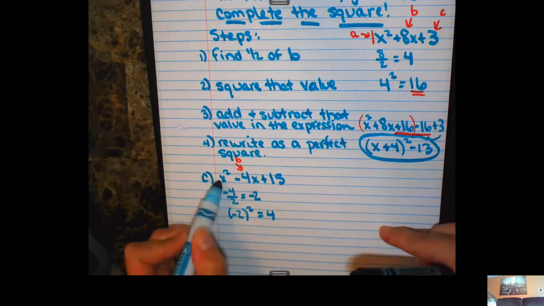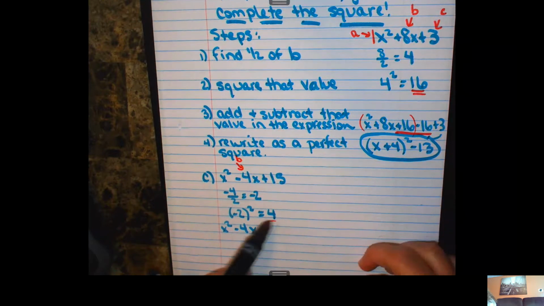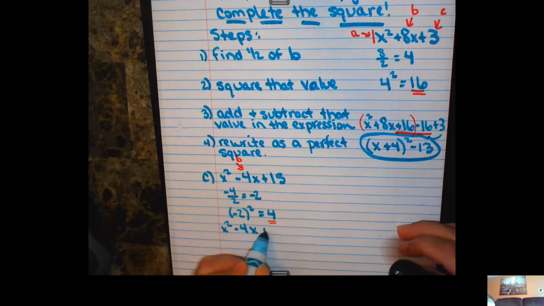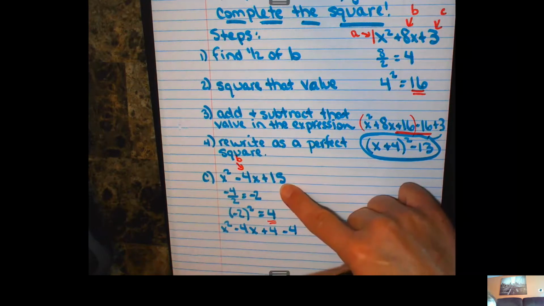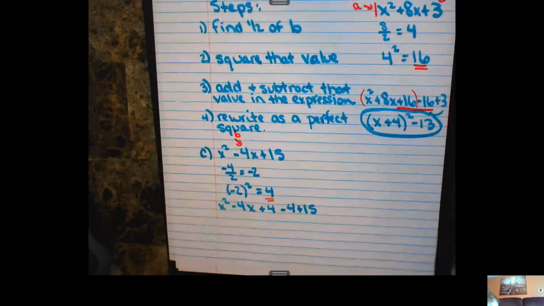Step 3, we're going to add and subtract this number in our expression. So we're going to take the first 2 terms, x squared minus 4x, and we're going to add and subtract this number. So we're going to add 4 and subtract 4. And then don't forget to bring down the plus 15 at the end. So you always have to add first. Step 4, we're going to rewrite it as a perfect square.